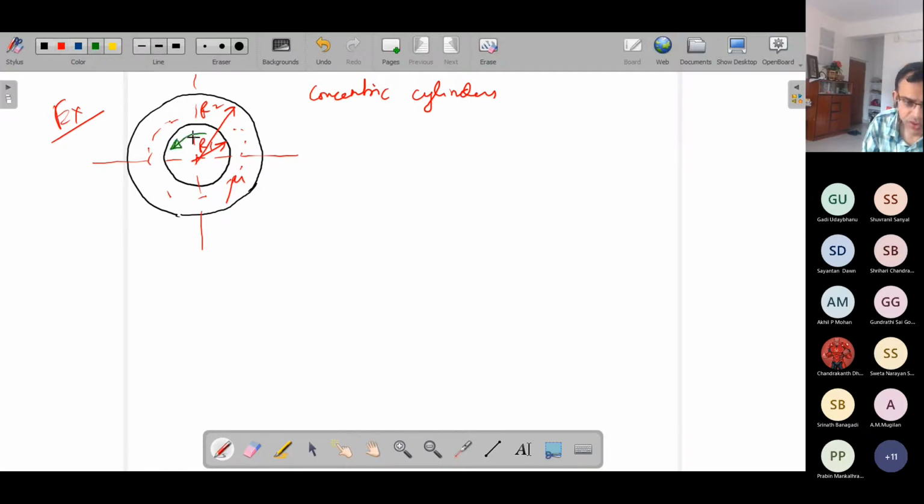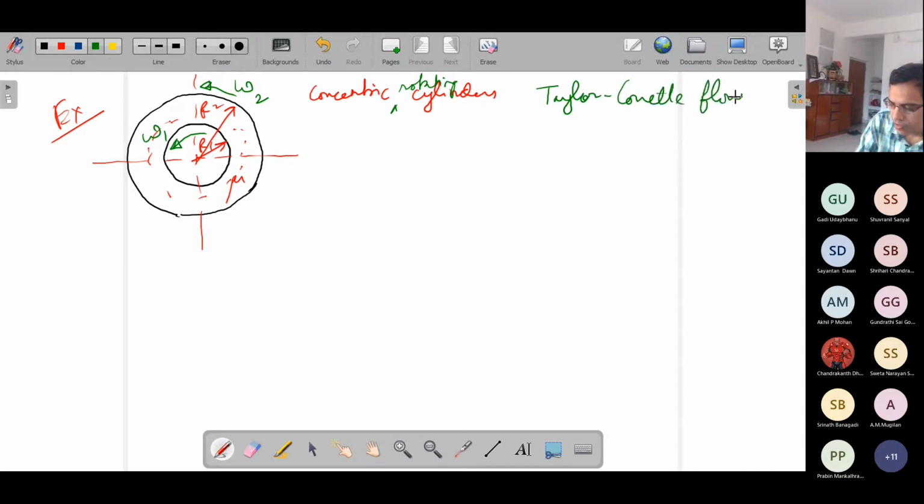The cylinders are respectively rotating with angular velocities omega 1 and omega 2. So these are concentric rotating cylinders, rotating with uniform angular velocity. This type of flow is called Taylor-Couette flow.